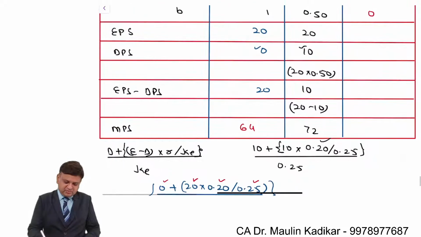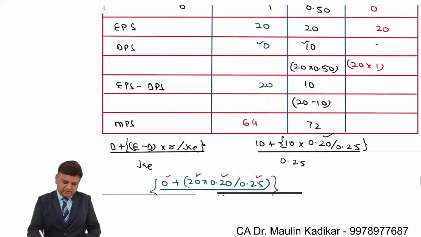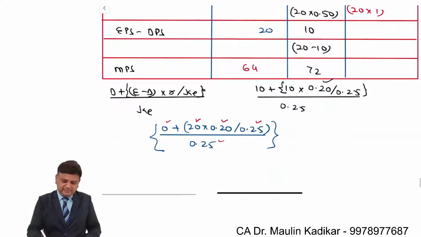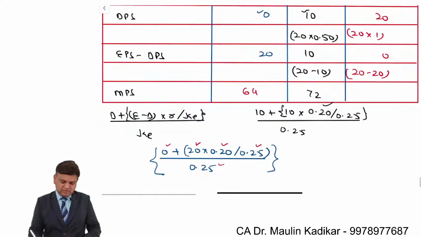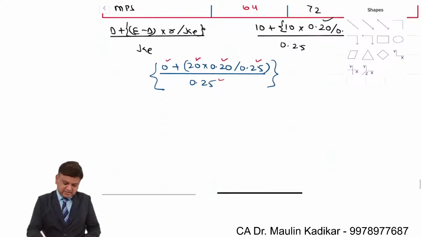Earning per share is again 20. 20 into dividend payout ratio is 1, that is 20. EPS minus DPS, that is 0. What is dividend per share? It is 20 rupees. So I'm writing its answer over here.